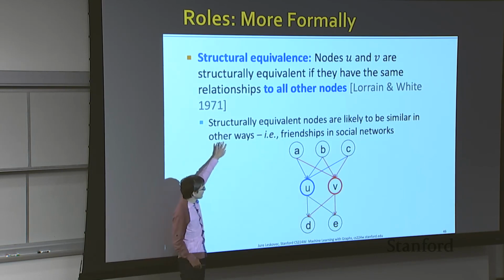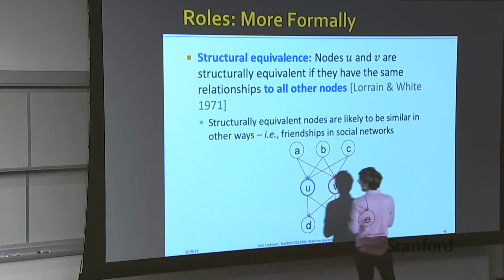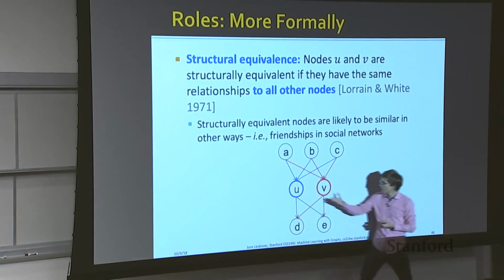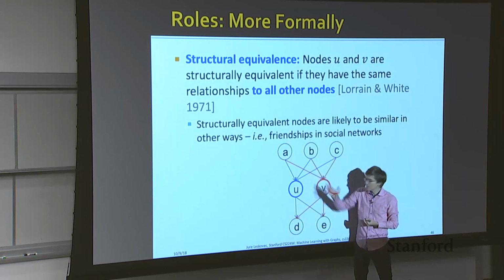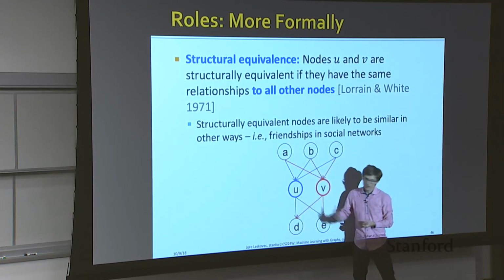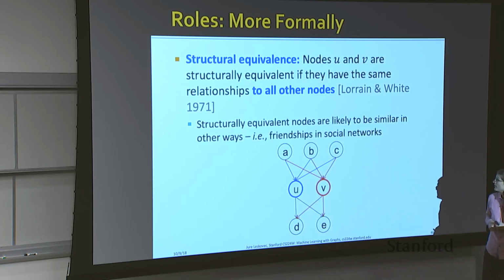So structurally equivalent nodes are likely to be similar in many different ways. In our case, for example, nodes U and V would be structurally equivalent because they both link to the same people in exactly the same way. So we would say nodes U and V are structurally equivalent.